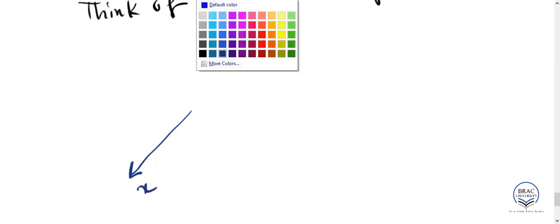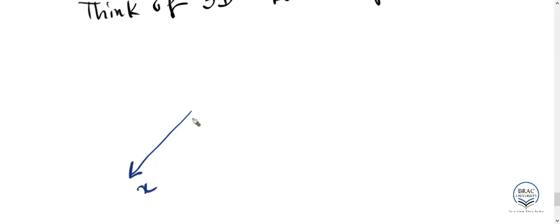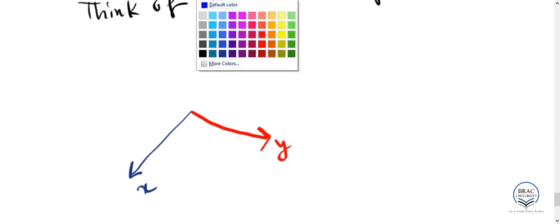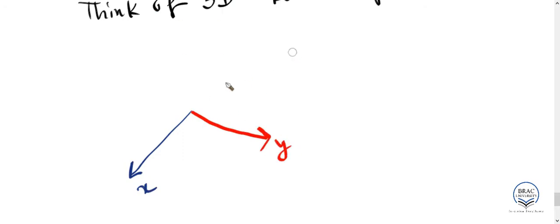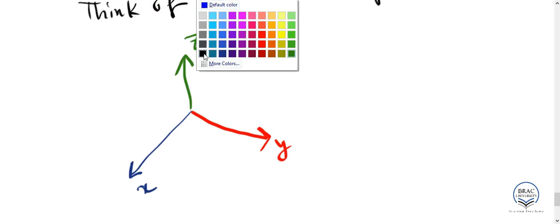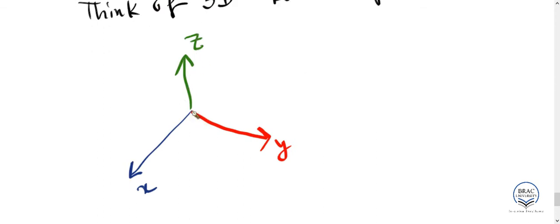Let's say this is our x axis, this is our y axis, and this is our z axis. Let's now draw a vector from the origin to some point.